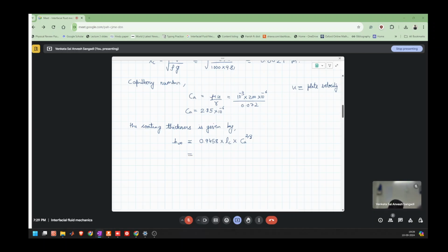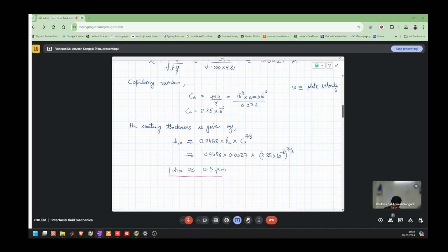So we have 0.9458 into 0.0027 into 2.85 into 10 power minus 6, to the power 2 by 3. So H infinity is approximately equal to 0.5 micrometer.